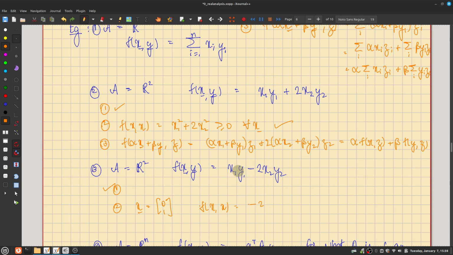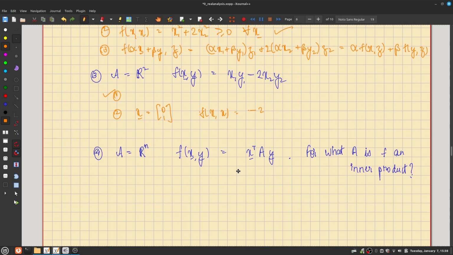In general, I could cook up something even more different. For example, I could say x1 y1 plus 2 x1 y2 plus 3 x2 y1 plus 4 x2 y2. It's some function. Is this a valid inner product?